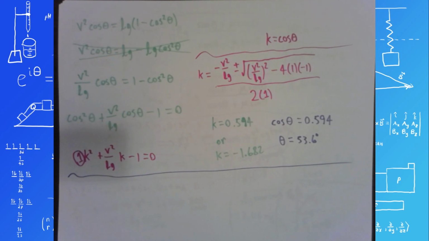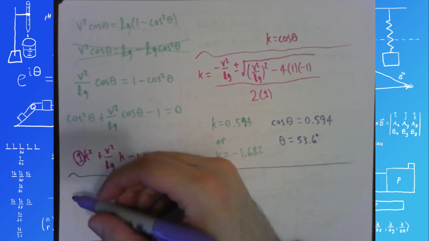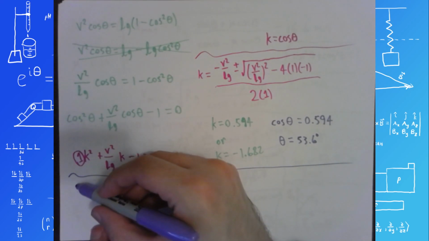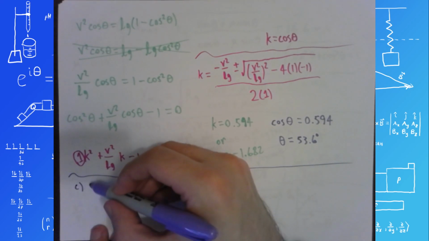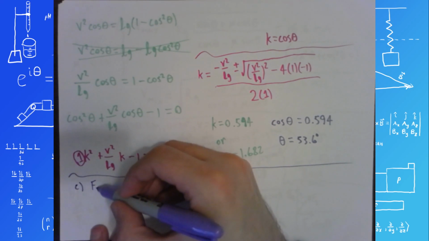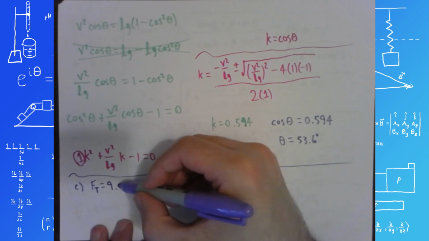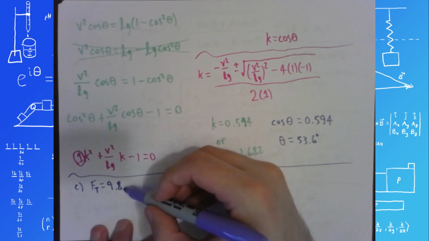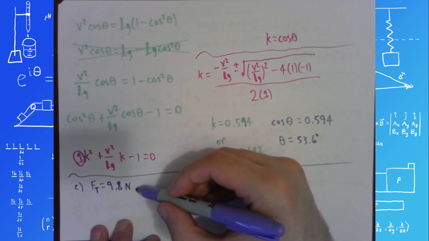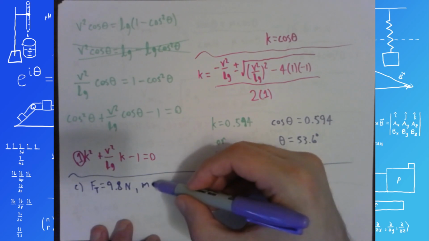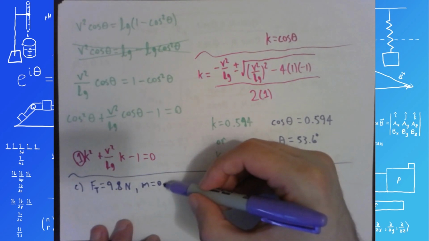For this one you actually need to know the mass, I'm pretty sure. For part C, they tell you the force of tension can be no more than 9.8, so just assume it's already maxed out at 9.8 newtons. Mass of the ball is 0.5 kilograms.